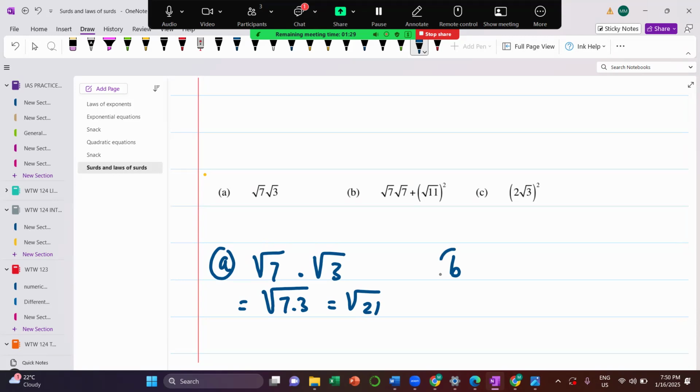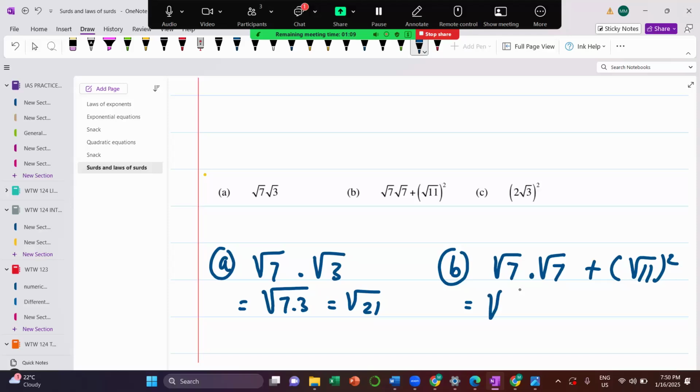Okay, so letter B, let's move. Letter B, I'm given the square root of 7 times the square root of 7 plus square root of 11 all squared. This can just be taken as I have the same root and the same number.